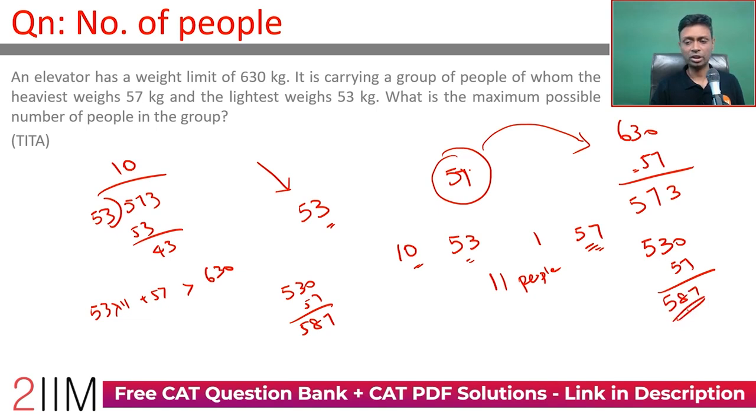We have another 43 to get. So assorted different combinations can take us to 630. But what is the maximum number of people in the group? This is 11. We cannot have 12 people in this group. Fine. So 12 people in this range is not possible.